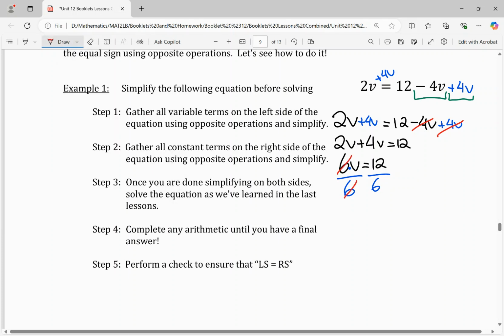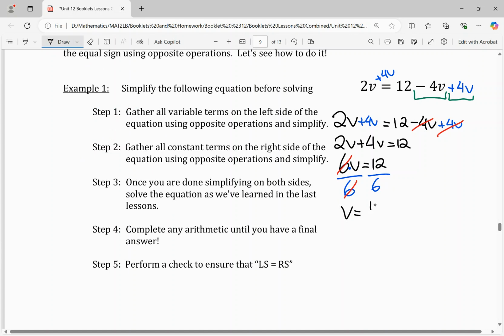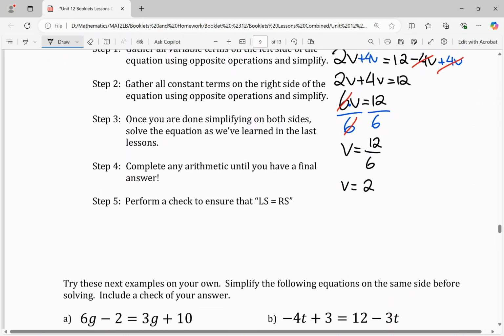That cancels out, and we're left with v equals 12 divided by 6, or v is equal to 2. So the answer should be that v is equal to 2. Let's check and see if that's correct.